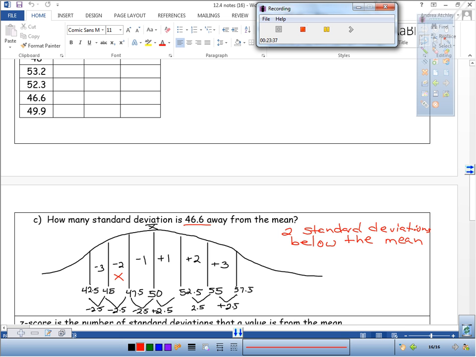Any questions over that? Okay. Again, this gives us an idea of where we fall in relationship to everyone else. Okay?